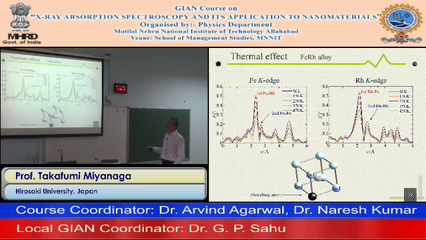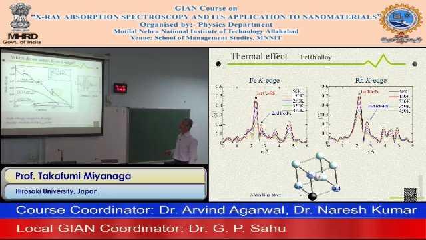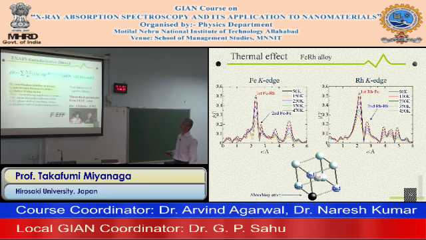The thermal effect should be simple. At higher temperatures, the peak intensities should decrease, because the thermal factor appears in the amplitude of the EXAFS function, the Debye-Waller factor, in the minus part; this is a reduction function of the EXAFS signals.